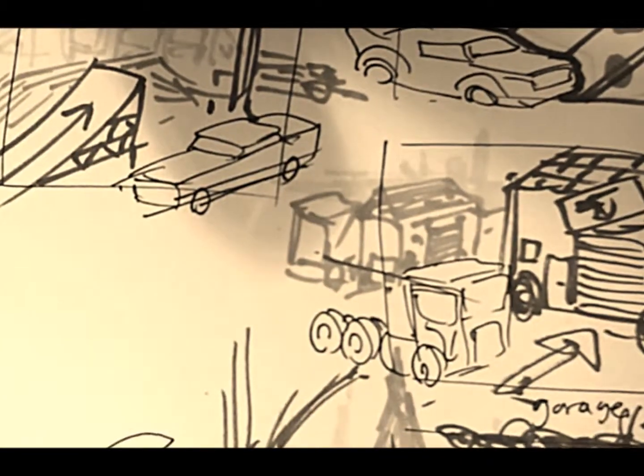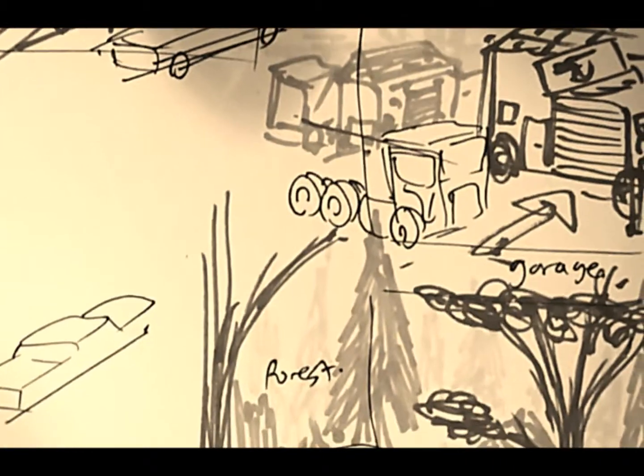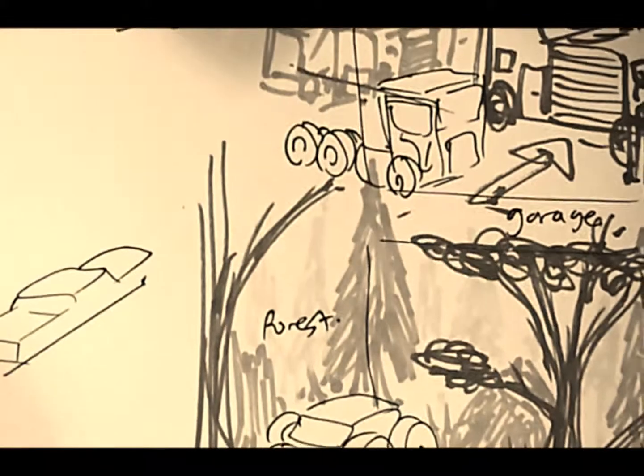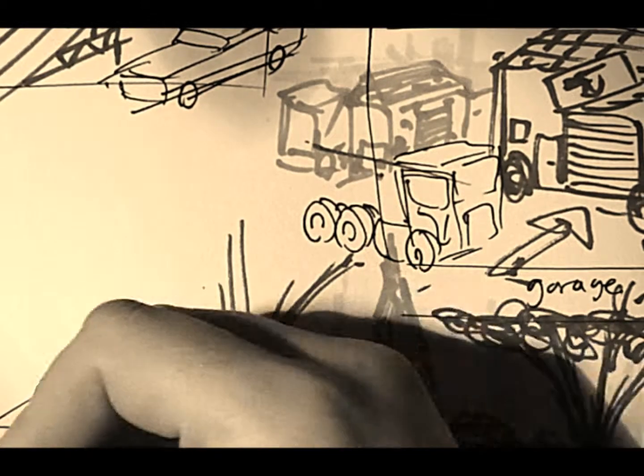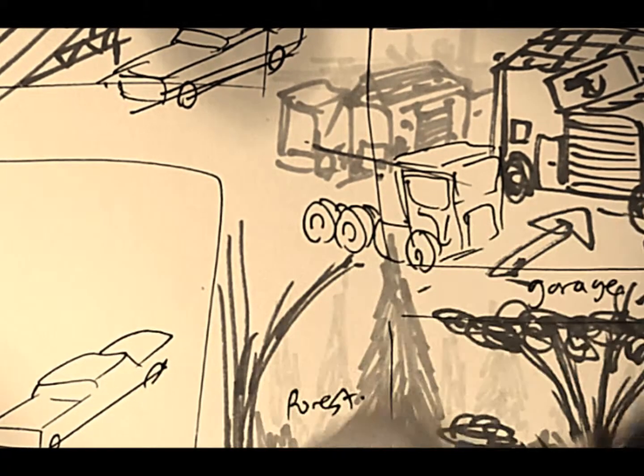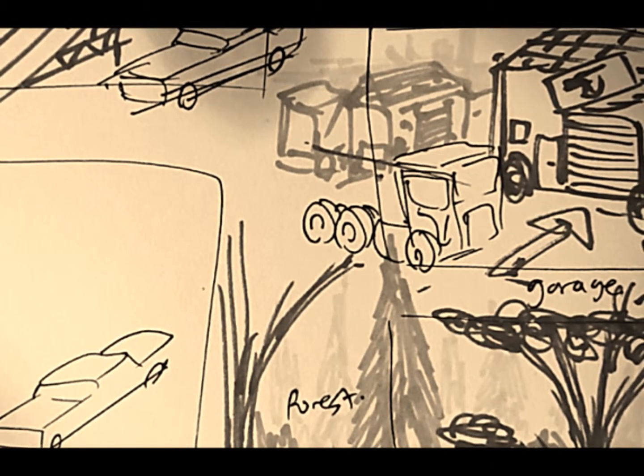Let's try for another one. See if I can adjust my camera here. Oh, almost. Okay, so I'm just drawing the car. How about let's do like a desert background?